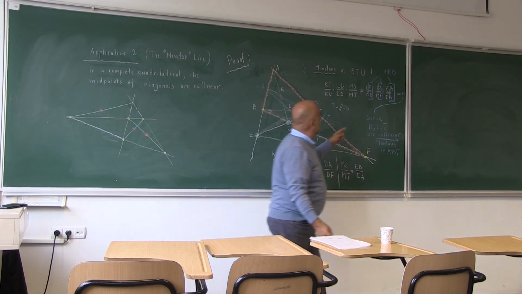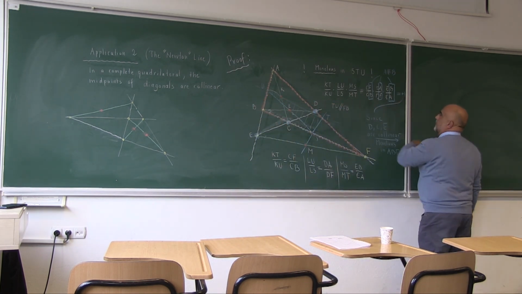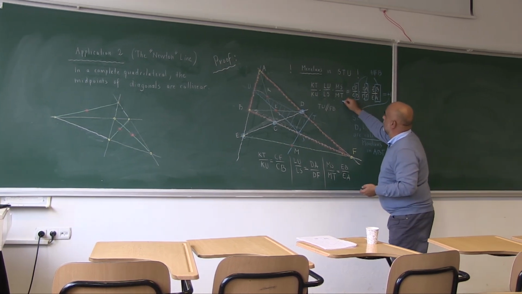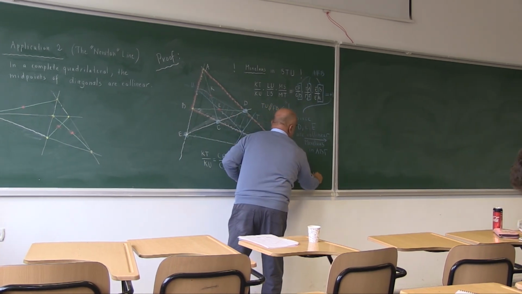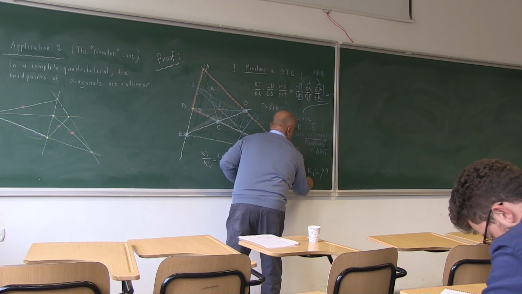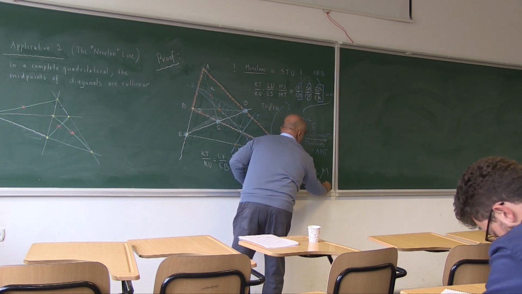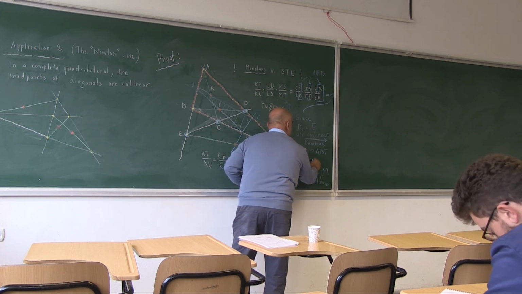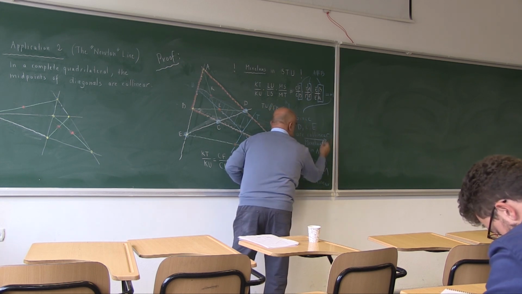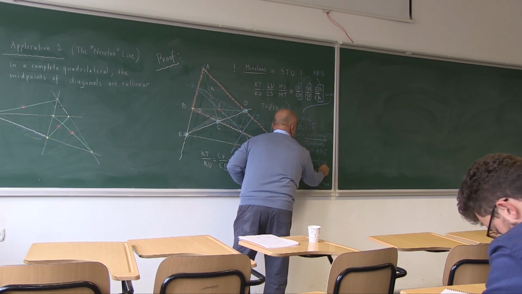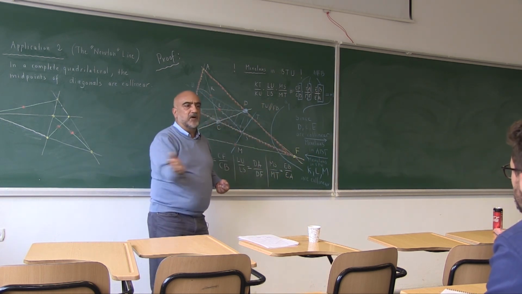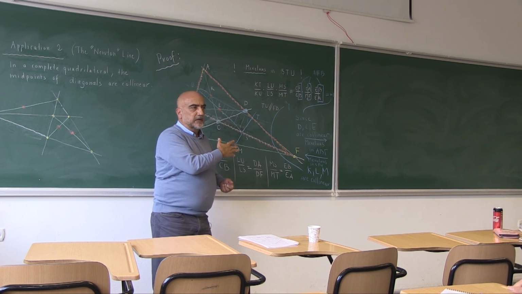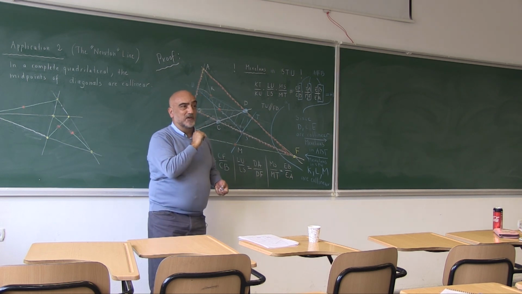It finishes the whole thing. So this quantity is 1. Since this is equal to 1, I can go to the conclusion that K, L, M are collinear. How? Menelaus. In what triangle? In STU. Which direction? Backwards. From the numerical relation, I've come to the geometric property that the points K, L, M are in fact collinear. That's wonderful.